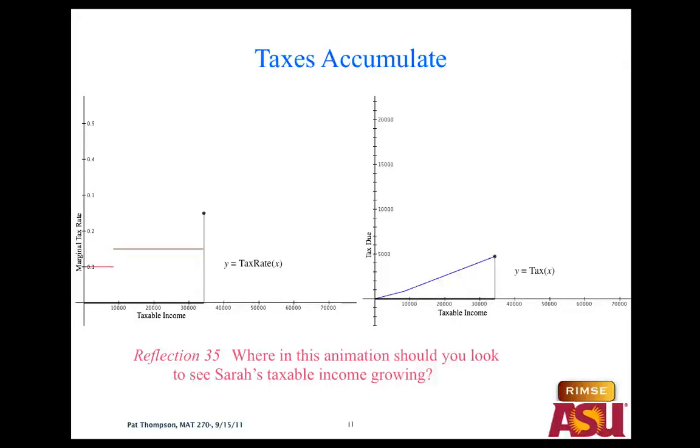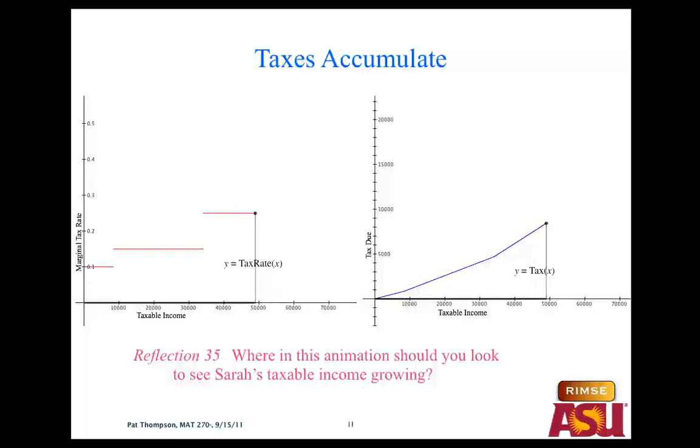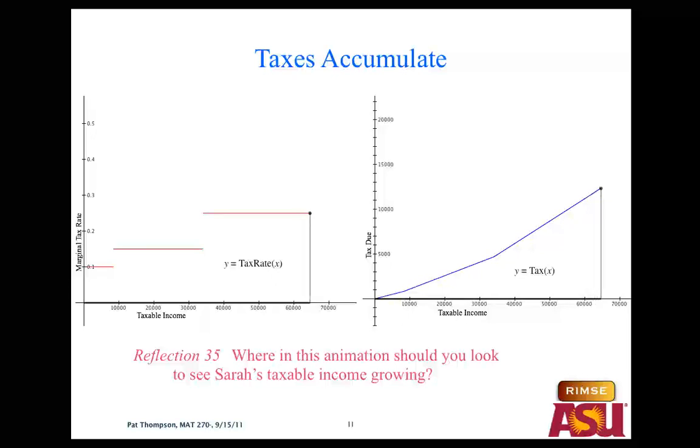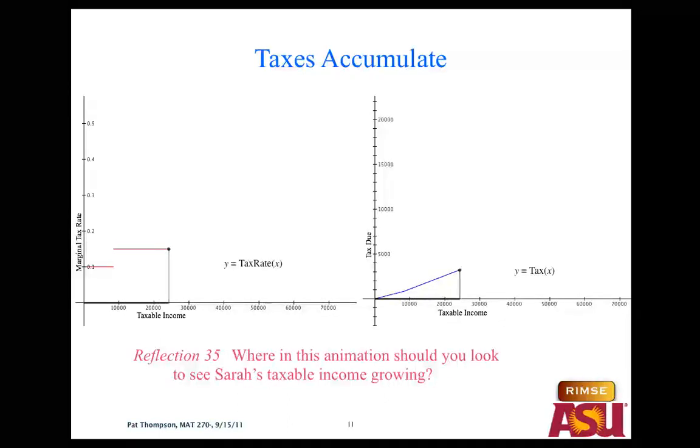I think I agree with both. Yeah, so in both cases, our x-axis is the income growing, and you can see this. See the dark bar increasing in length. That's showing the taxable income growing. So in both graphs, it's the quantity on the x-axis.